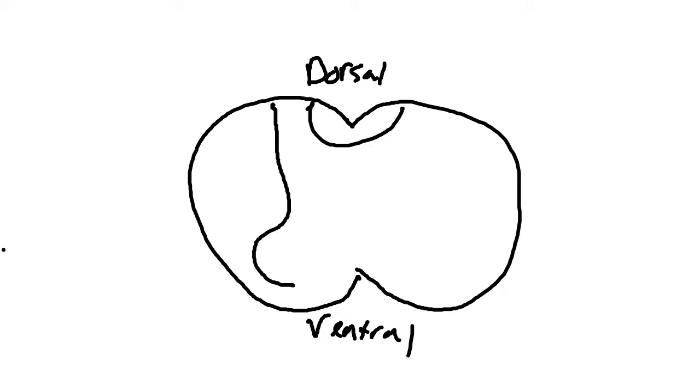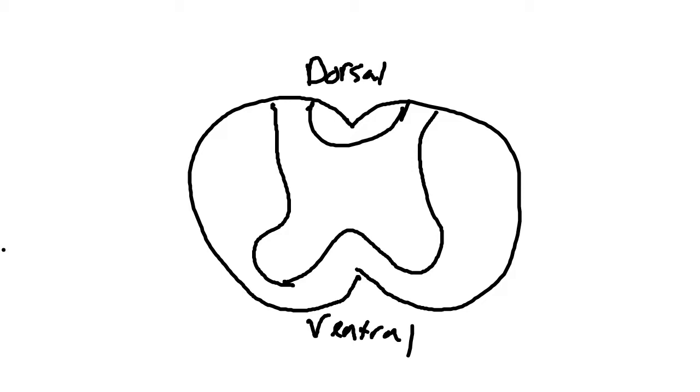So let's say that this is the dorsal side of the spinal cord, and over here we have the ventral side. And on the outside edges of the spinal cord we have white matter, but in this area here that looks kind of like a butterfly with wings, we have gray matter, which predominantly contains neuron cell bodies.